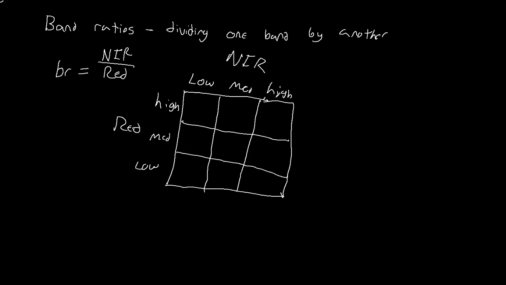And I want to assign into each of these little grid cells a symbol that represents what general value we would expect to see. We're not doing specific calculations.